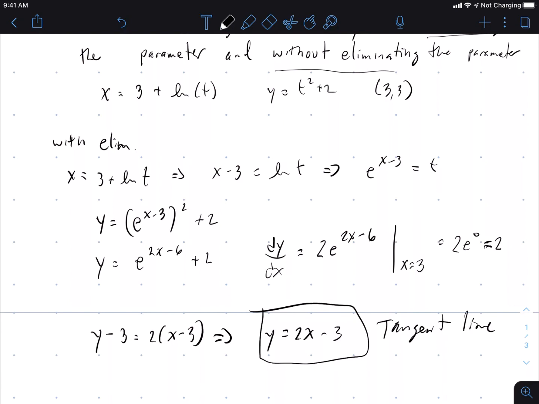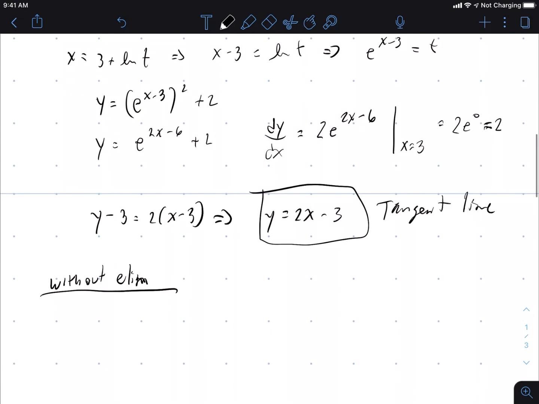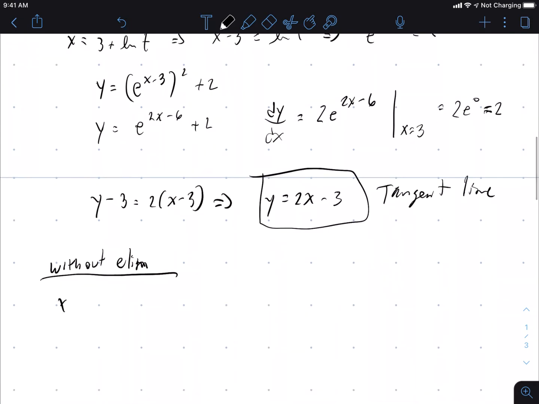Yep. Okay, so that was with elimination. Let's do it without elimination. All right, so we have two equations. x is equal to 3 plus ln of t, and y was t squared plus 2?